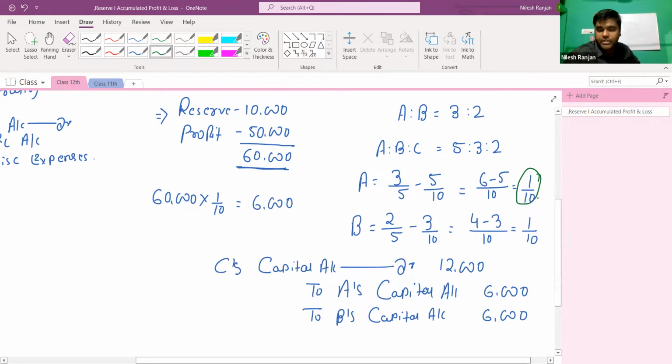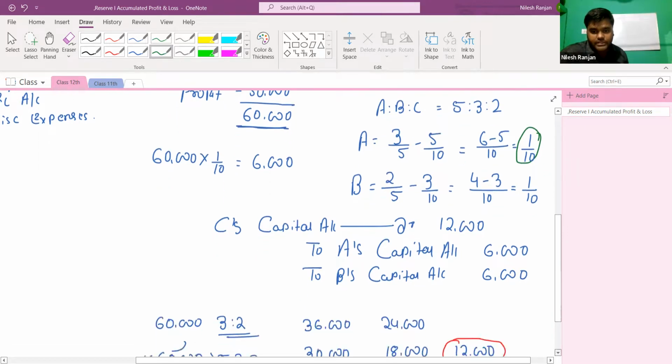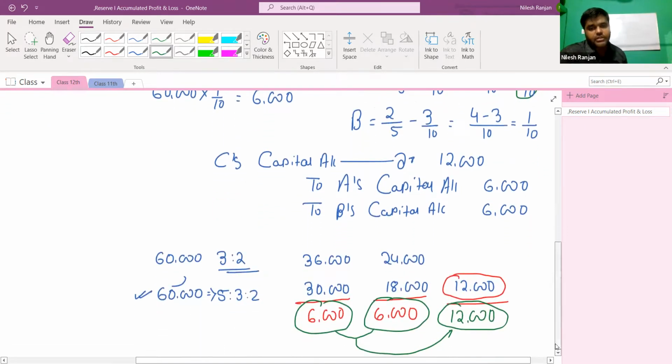Whatever fraction comes in calculating the sacrifice, you have to multiply with that, not 1/2. So I have multiplied with 1/10. It is 6,000. So A is getting 6,000, B is getting 6,000, and C is paying 12,000. So it is the same as this situation. Is that clear?